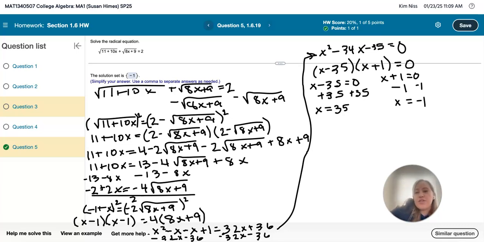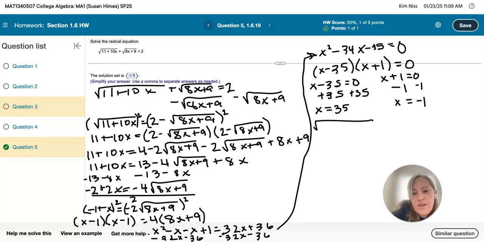So you have two potential solutions. Now the issue is you have to figure out which one is a true solution and which one's a false solution, or an extraneous solution. So the matter now is to plug these into your original equation and see which one works out. We're going to start with 35.